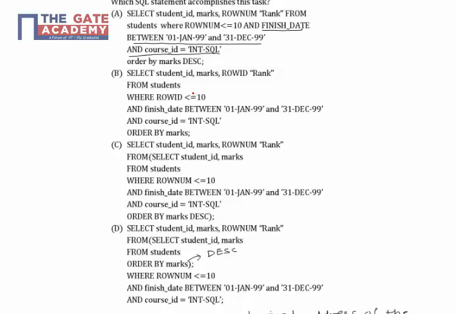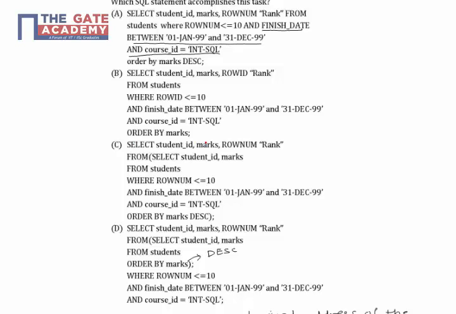Now let us look at option B. The query in option B is almost similar to query in option A except that it uses row ID, and here we sort the result in ascending order of marks. Since this query uses row ID which is not appropriate in this scenario, as explained before, the option B is also wrong.